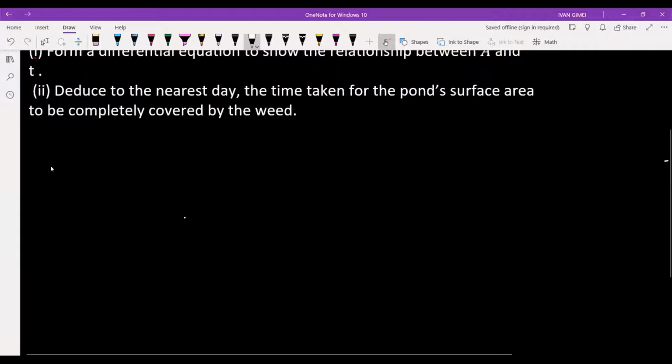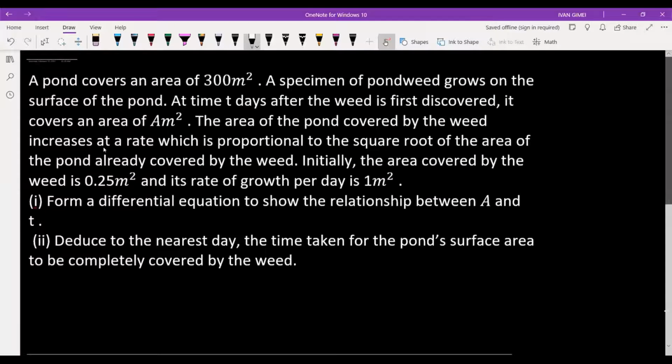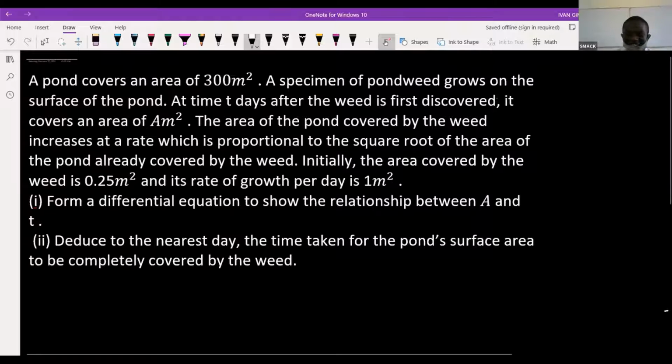I'm going to take you through number 5, paper 1, analysis, stroke calculus. A pond covers an area of 300 meters squared. A specimen of pond weed grows on the surface of the pond. At a time T days after the weed is first discovered, it covers an area of A meters squared.